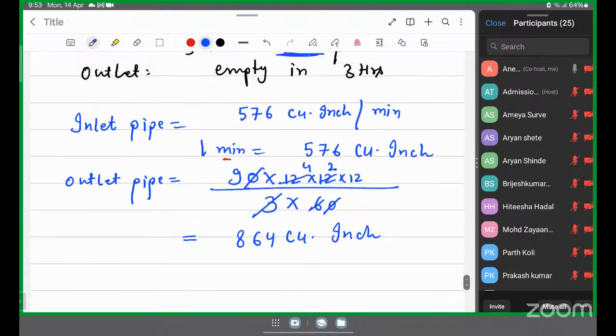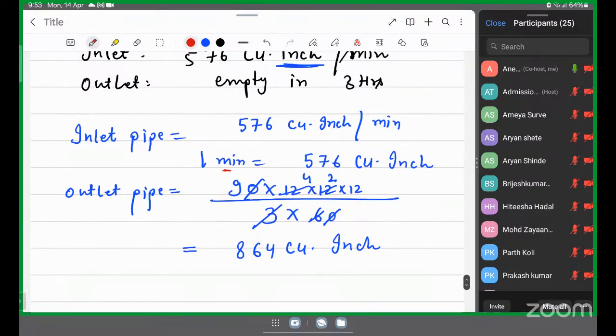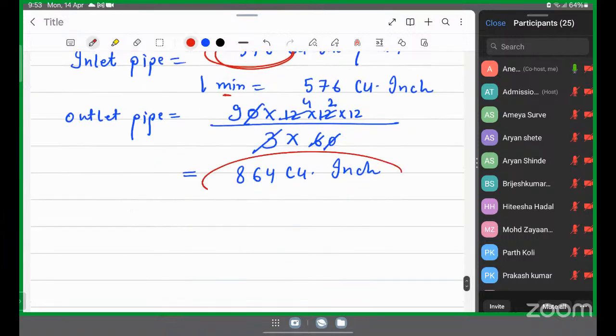So in this case, you will notice that rate for input is less and rate for output is greater, which means the tank can be emptied. If the case is reverse, in which inlet pipe has greater speed than outlet pipe, the tank can never be emptied. But in this case, the tank can be emptied, and we want to know in how much time it can be emptied.